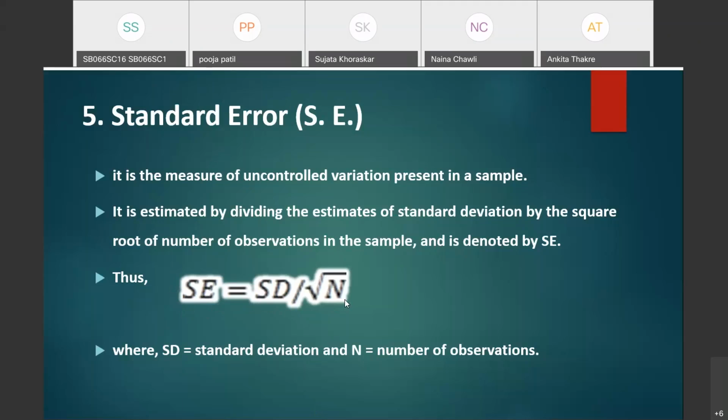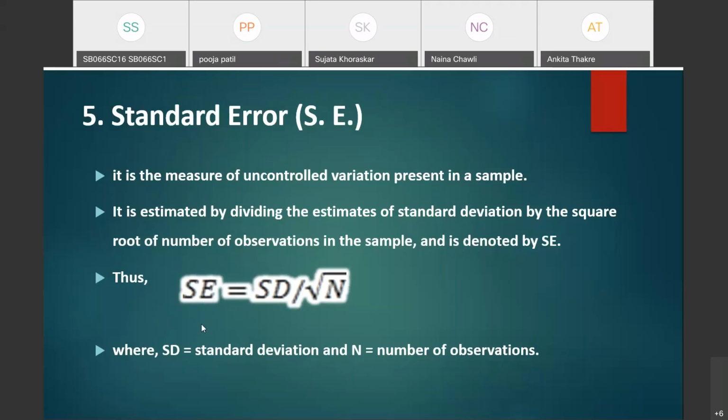Here SE means standard error, SD means standard deviation, and N means the number of observations. That is how easily the standard error can be calculated, and it is the measure of uncontrolled variation present in the sample.